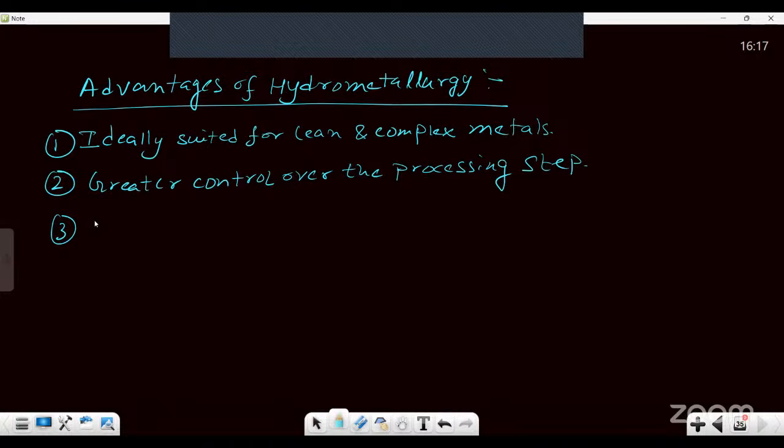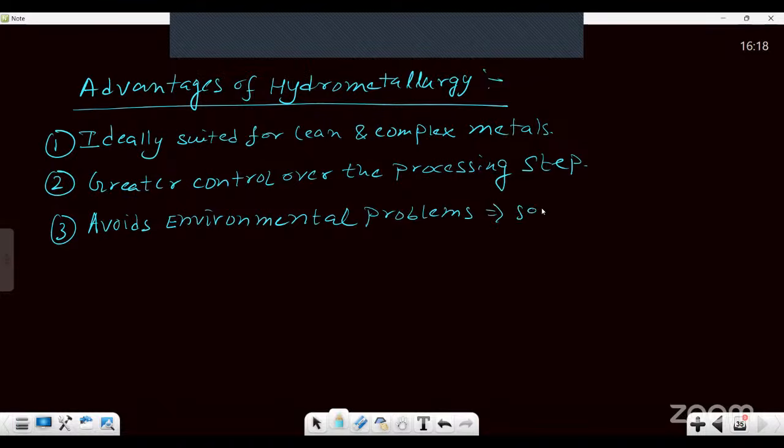That kind of thing will not be done in our hydrometallurgical route. So you can say it avoids environmental problems.